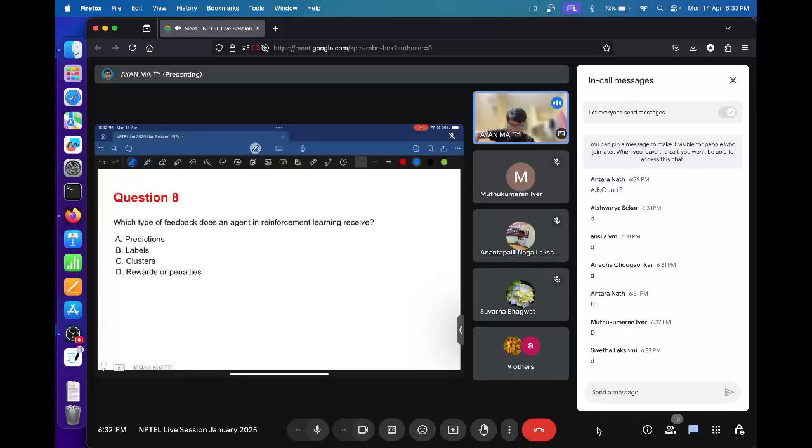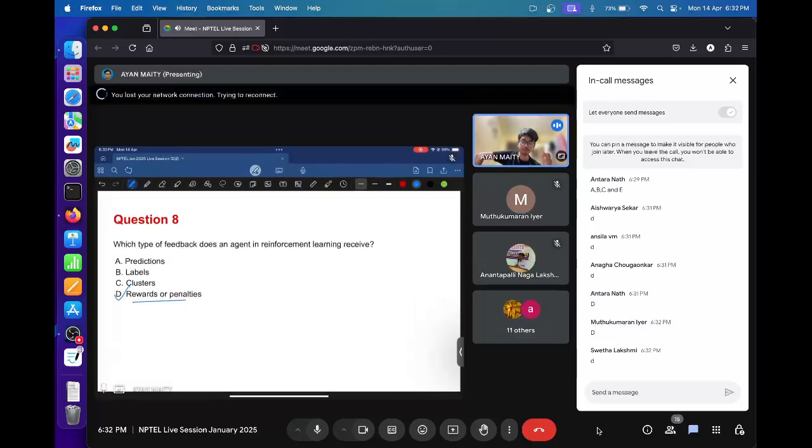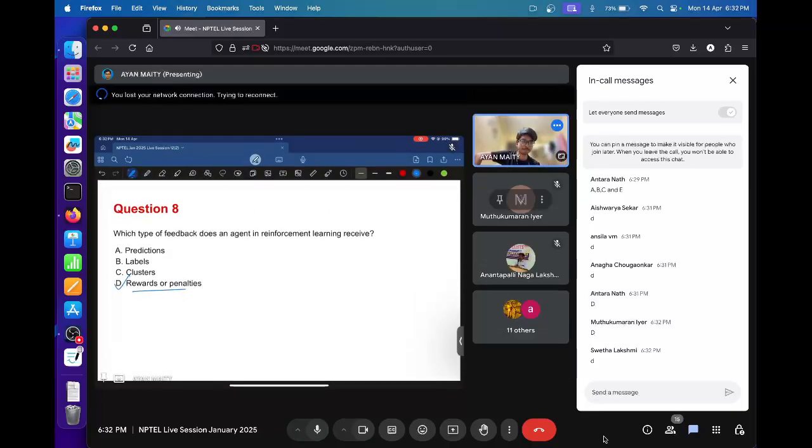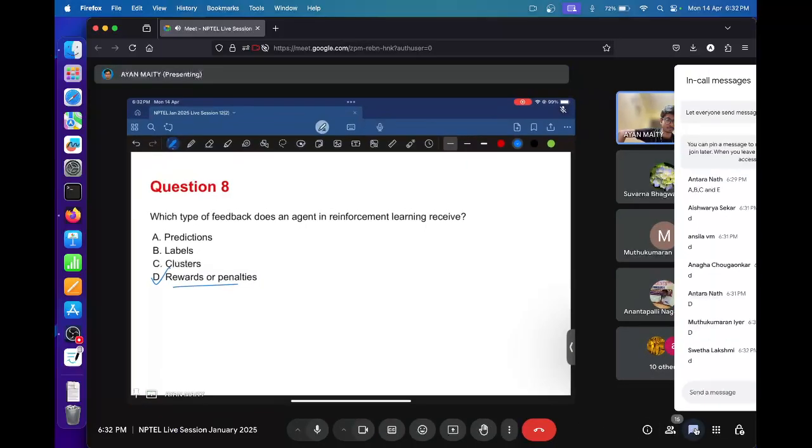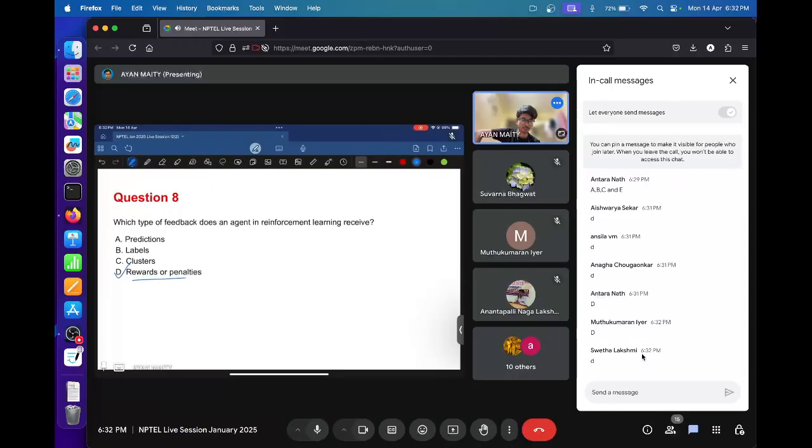So the correct answer is option D, rewards or penalties. That is the feedback that the agent gets from the environment in reinforcement learning. Hello, am I audible? Yes, sir, you are audible.